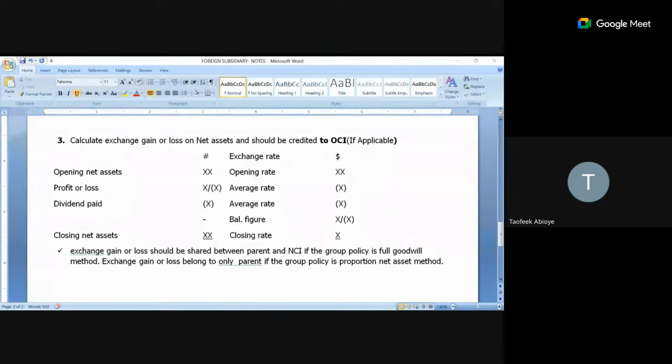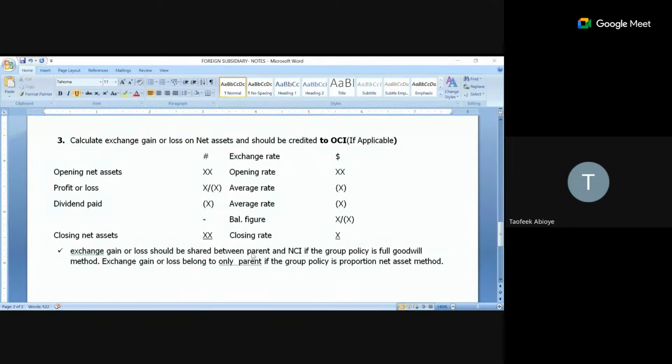Now, another thing we will do is calculation of exchange gain or loss on net assets. And this usually occurs when we are solving P or L items.